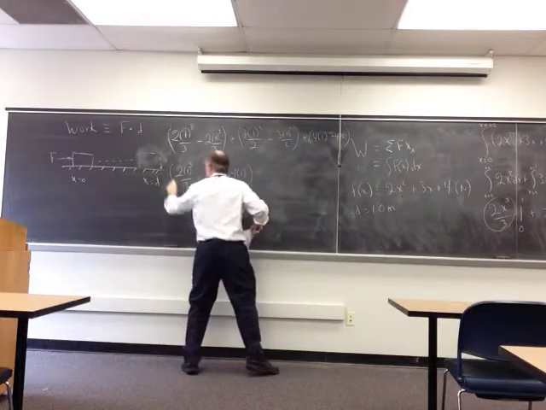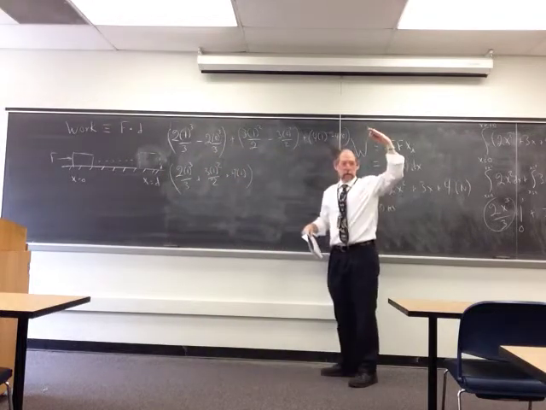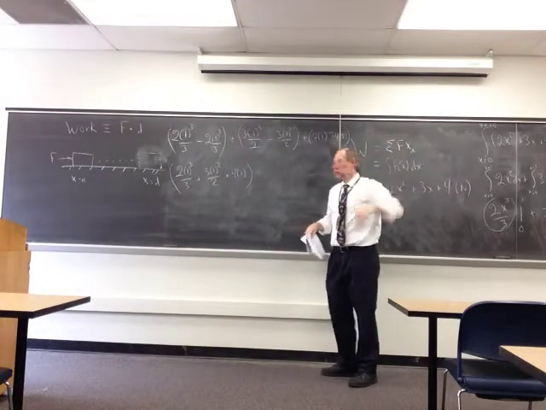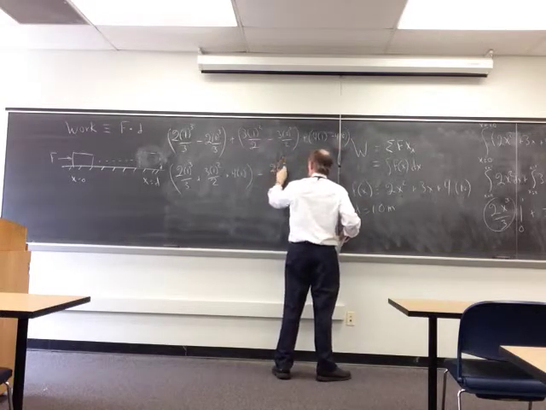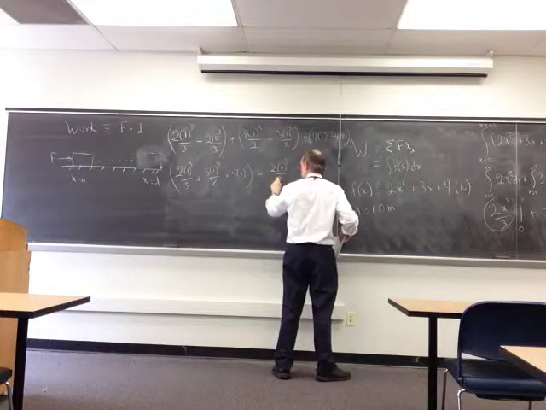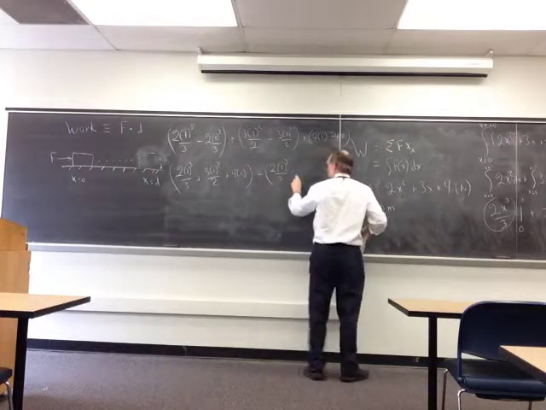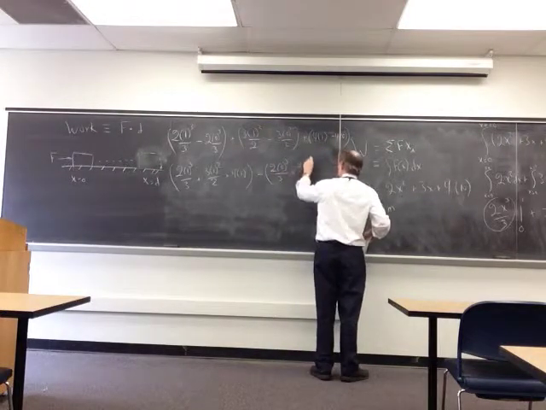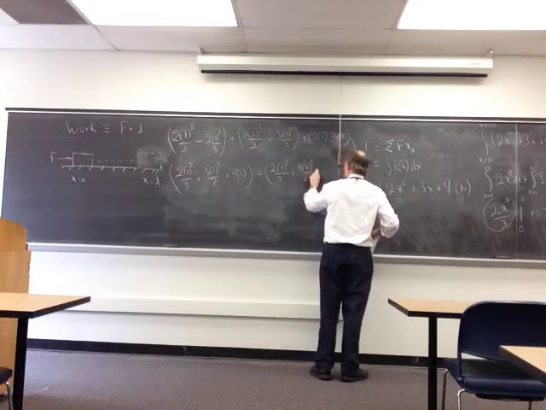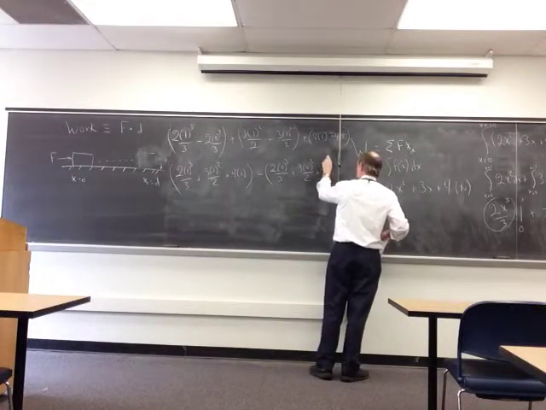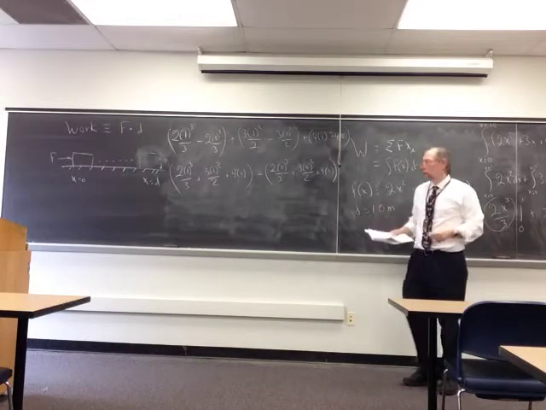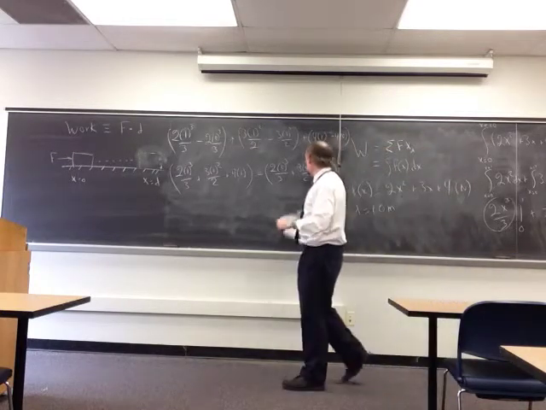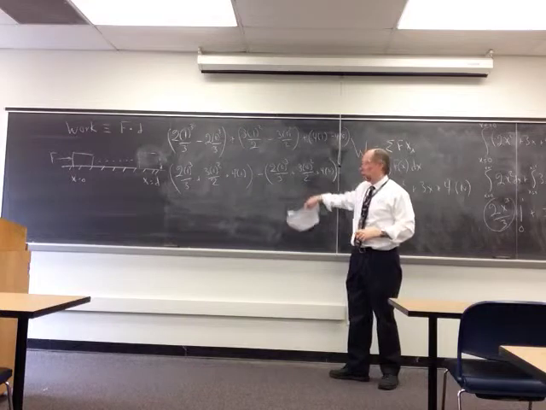Take the entire function evaluated at the upper limit, and then minus the entire function evaluated at the lower limit. And it'll come out to be the same thing. But this is a more common way of expressing that.